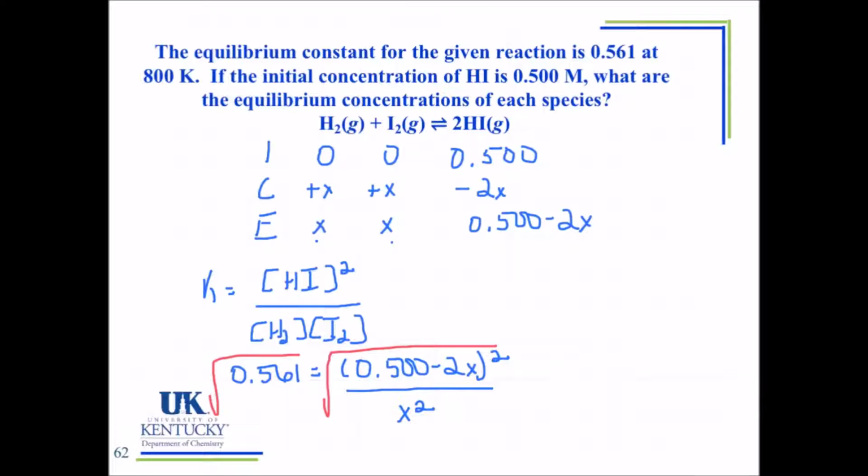When I take the square root of 0.561, I get 0.749. And what that leaves me with on the right side is 0.500 minus 2x divided by x, because I took the square root of everything.